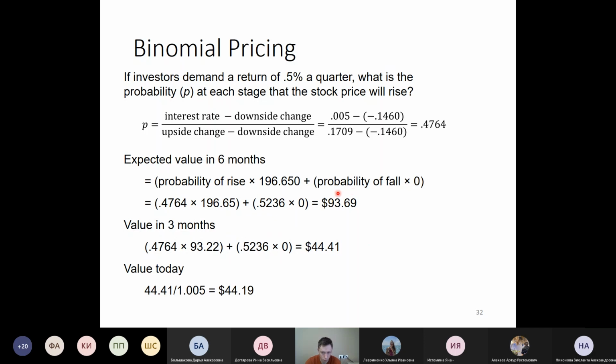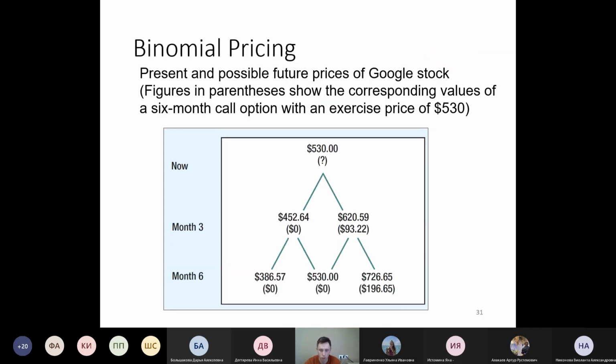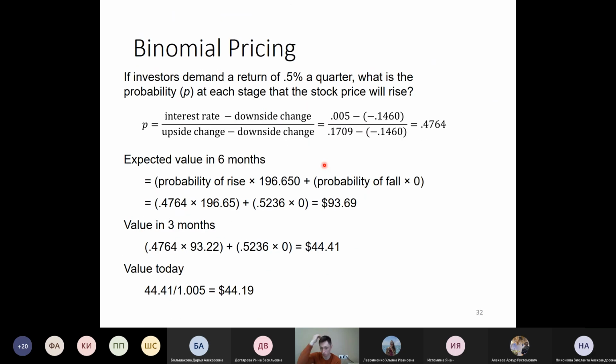We have some values here that we just determined, and then we have probability of going up, of going down. So here we have those two, and then we go one step up to estimate the value of the option now. This is how we did it. We multiplied the probabilities by the expected values in 3 months, having some value.